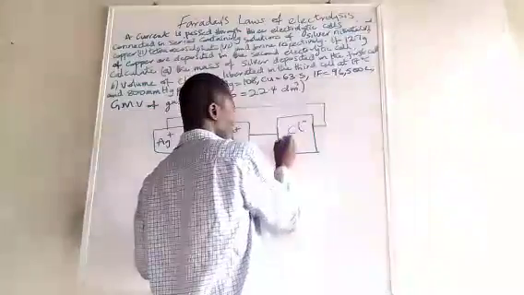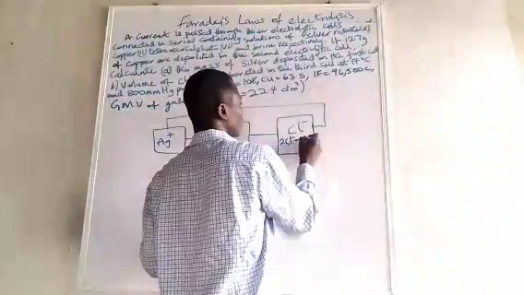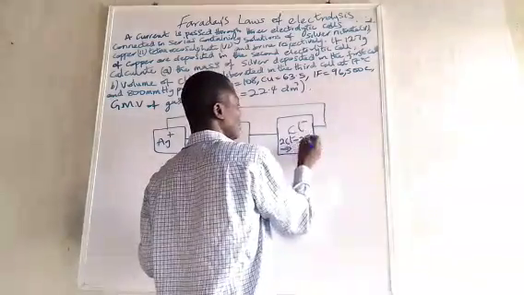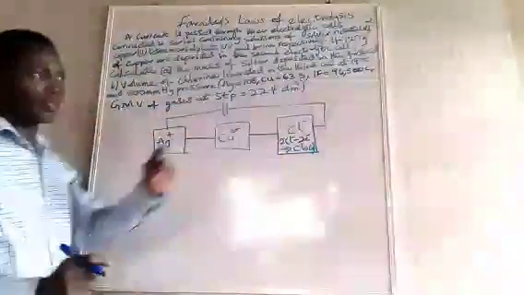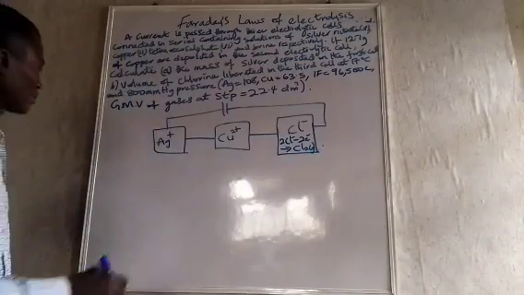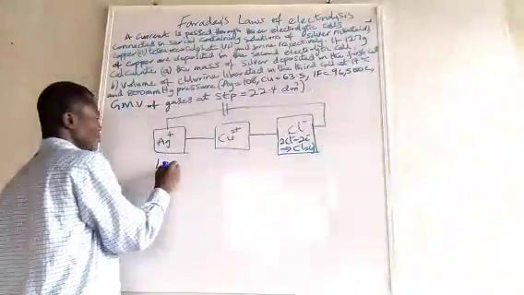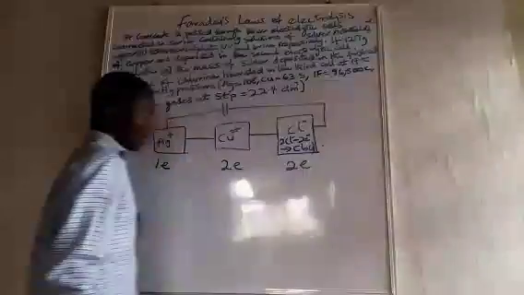This Cl, I will need 2Cl minus to give me Cl gas. Now, let's check the number of moles of electrons that is needed for each to be liberated. Here I need 1e. Here I need 2e. Here I need 2e. You can see.